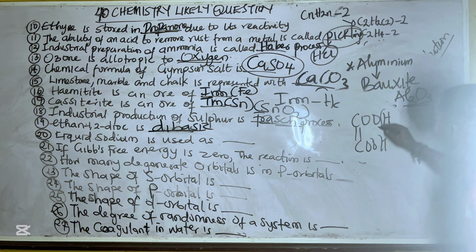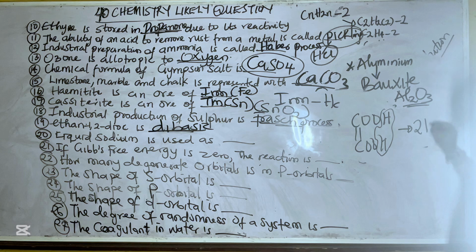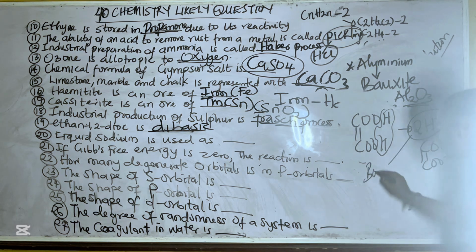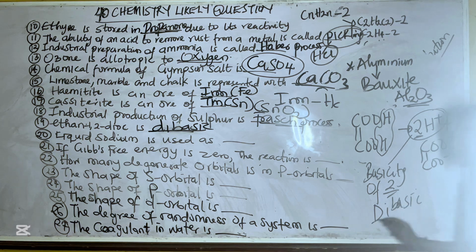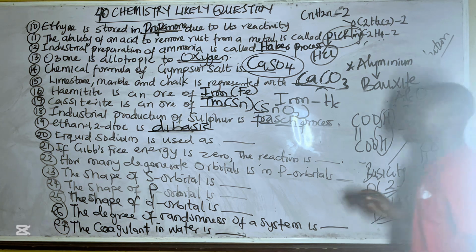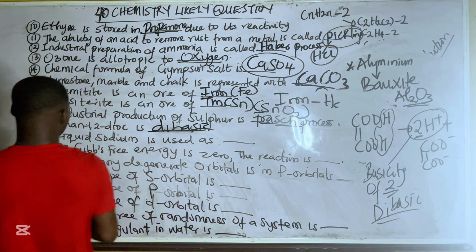Don't forget that it is the hydrogen that is replaceable, so it can give 2H+ and (COO-)2. So you can see that it has a basicity of 2. It is dibasic. So the answer is dibasic.